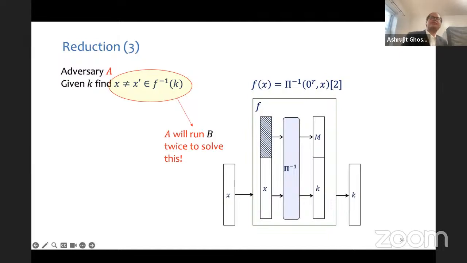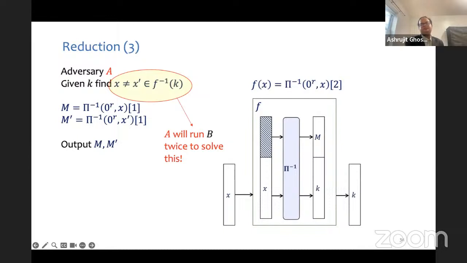A can do this because f does not depend on K, and therefore its preprocessing phase can run the preprocessing phase of B, and then its online phase can run the online phase of B with the key K that A itself gets in the online phase. A then computes M as the first R bits of the inverse of pi on R zeros concatenated before X, and similarly computes M prime and outputs them.